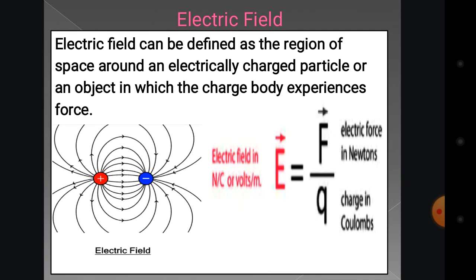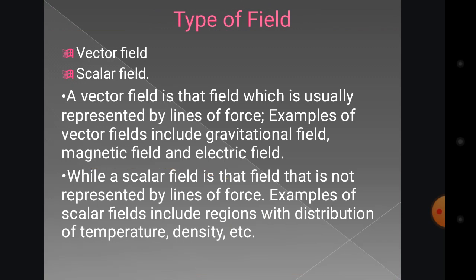If you see these terminals, the red one, the black one, the green one, these are the lines of force. So a vector field is that field which is usually represented by line of force.